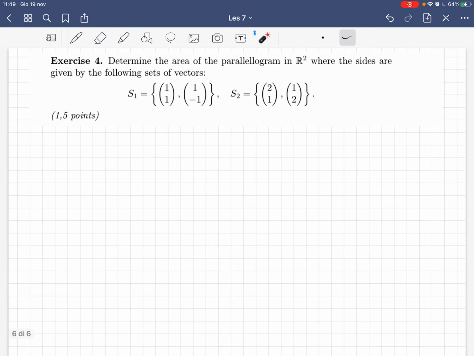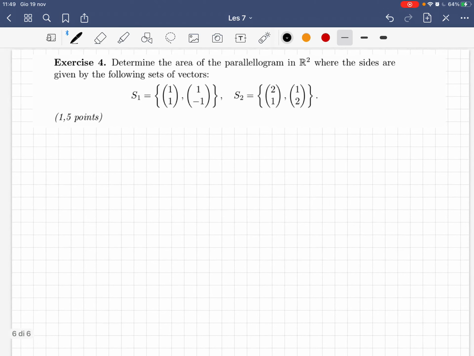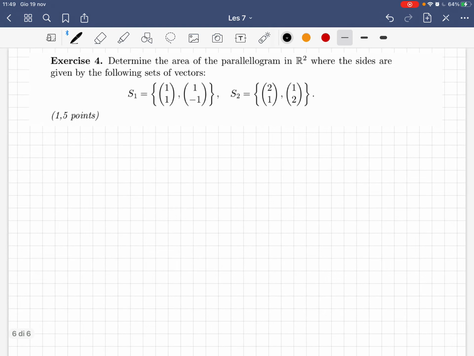So what about the fourth one? This last exercise is very straightforward, because you should just know a piece of theory here.